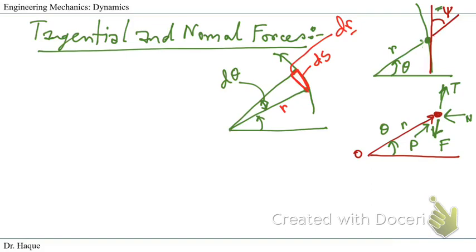So if we have that, we're looking for the angle psi here, and we know that this is perpendicular. Any arc can be defined as the change in angle times the length r.